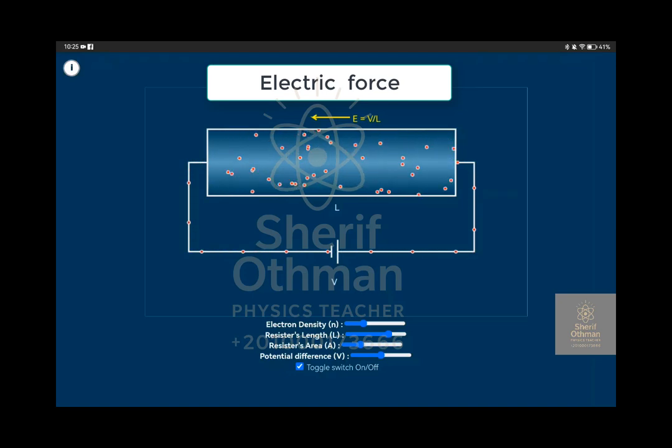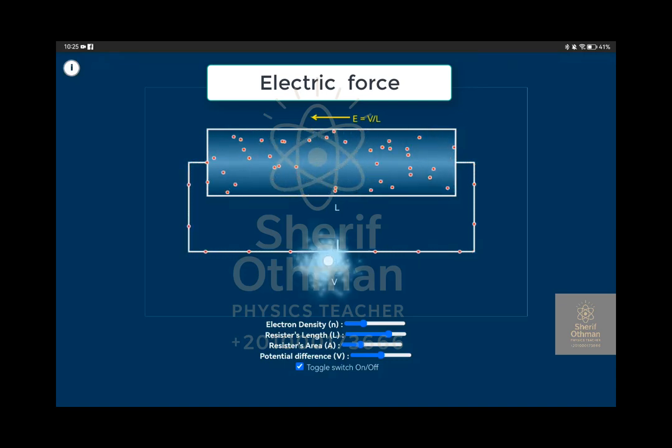So we have three different terms to describe the properties of electric current that flows through a circuit: resistance, potential difference, and current intensity, which is represented by electron density.